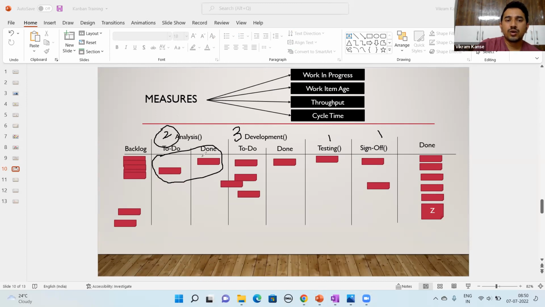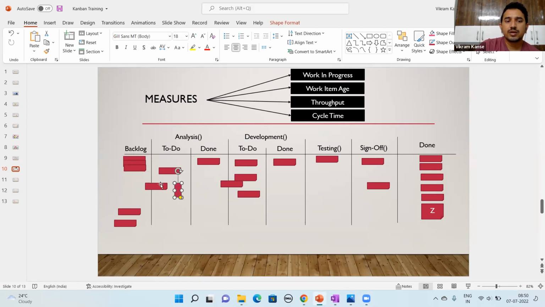And will they be mindful of how many people are there in development? Suppose you have some project manager or team lead sitting here monitoring all these things. They will keep on pushing the work to do.